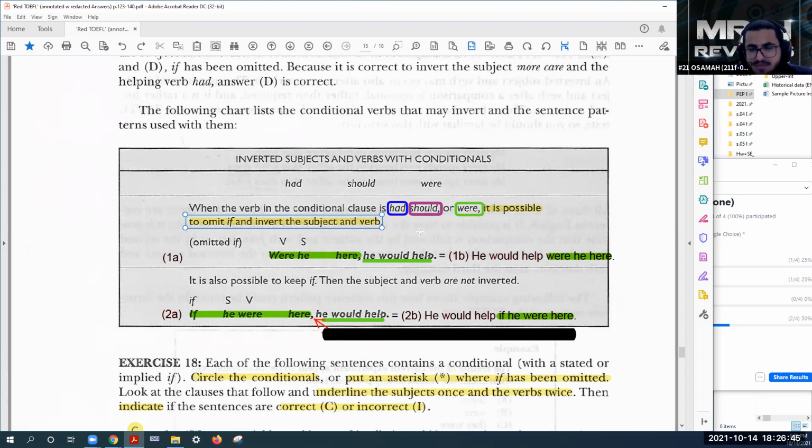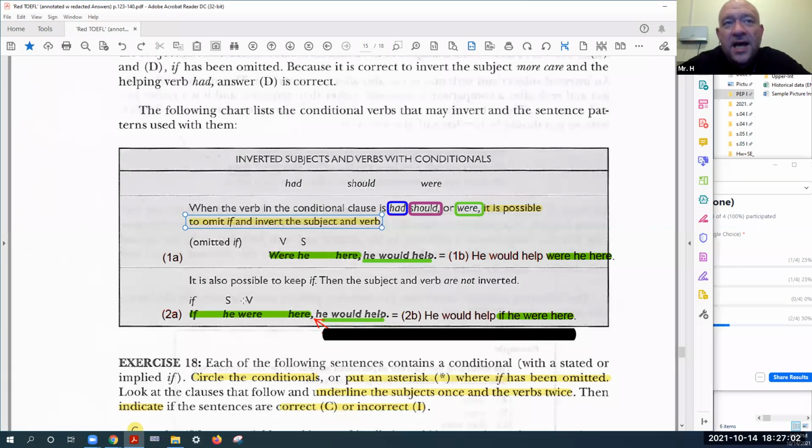You cannot do this with other verbs. So that's how we invert. Only these three.